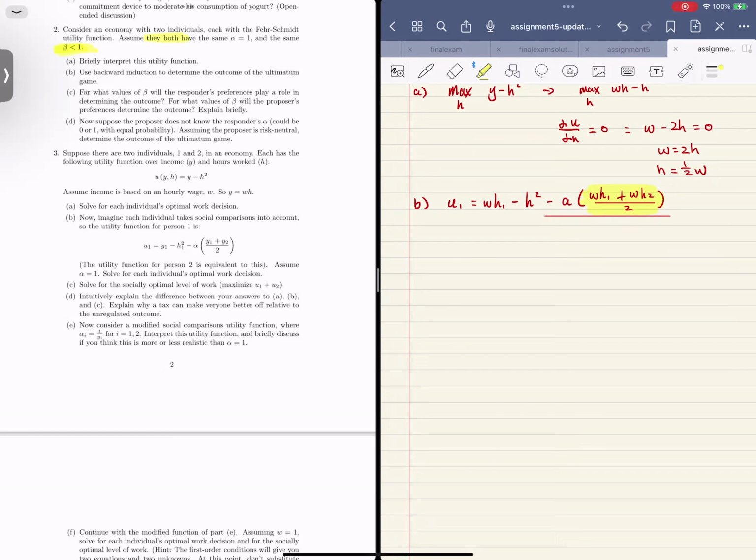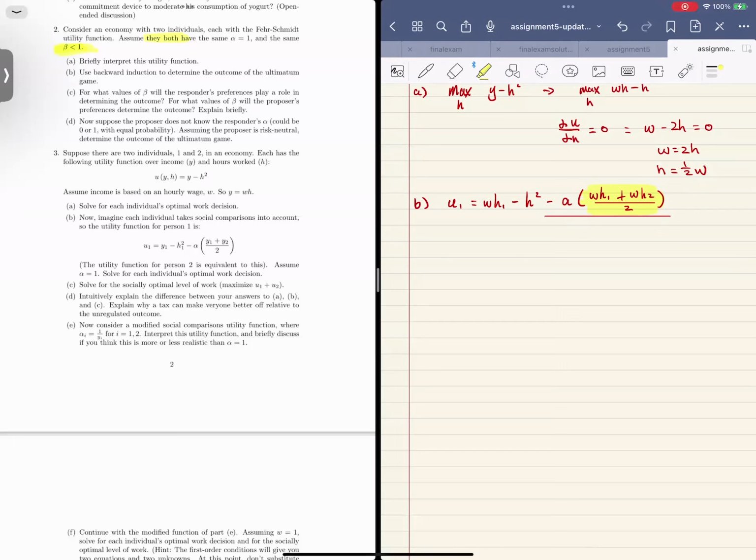Assuming the wage is market competitive, and we don't have a border, we can feel free to travel. The only thing that varies between the two of us is the hours of work. You work your own hours, I work my own hours, and we're each trying to maximize our utility.